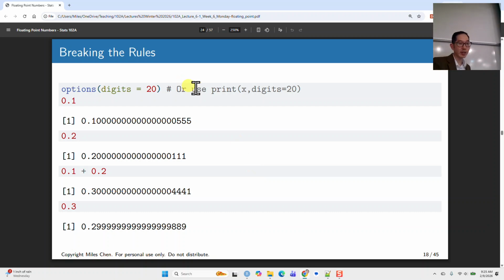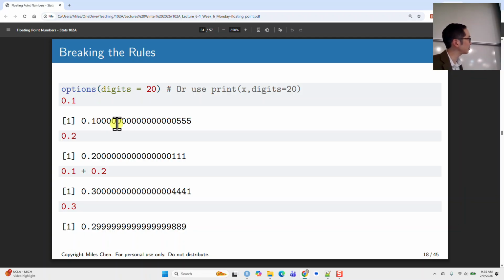Here's a tiny bit of insight as to why this isn't working, though it perhaps raises more questions. You can say options, digits equals 20, and print a bunch of digits out so I can see what's actually going on. When you say 0.1, it's actually not 0.1.